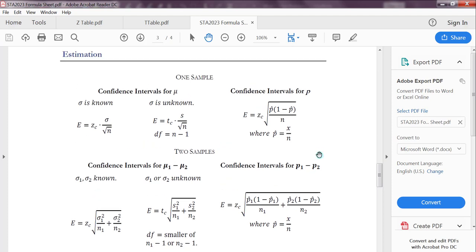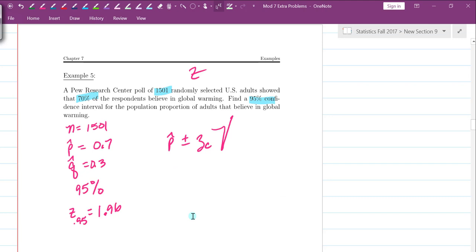And here's our confidence interval. So here's our error. It's going to be the square root of P times Q divided by N. So P hat times Q hat divided by N. We'll just plug in everything that we know.